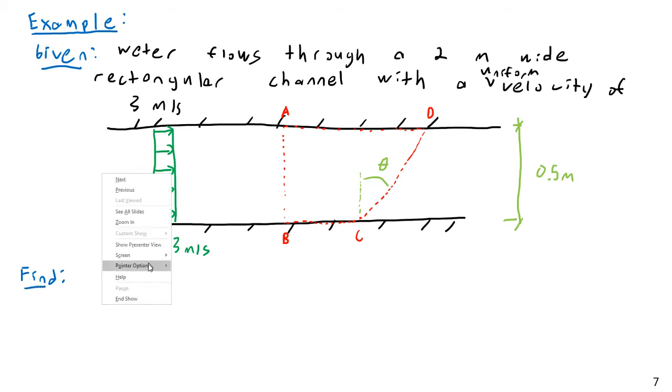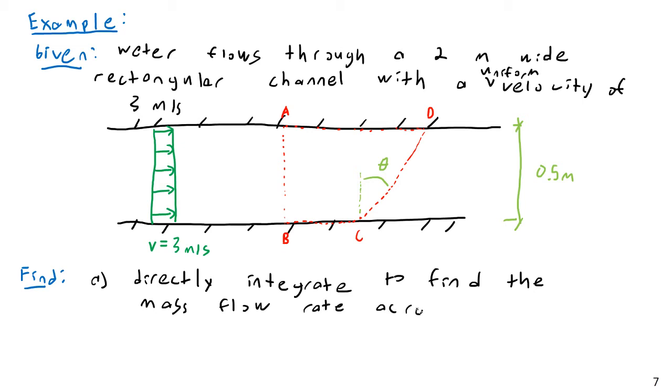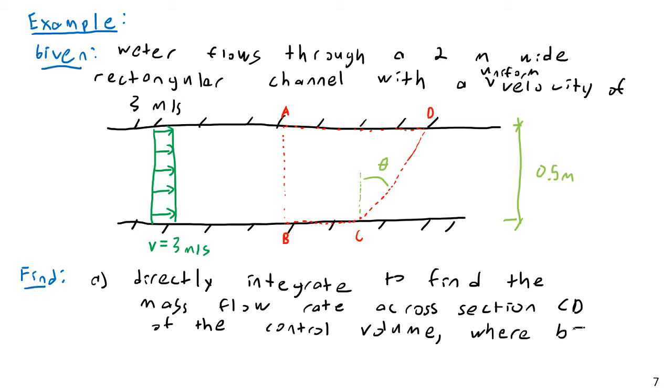Find: A. I want to directly integrate to find the mass flow rate across section CD of the control volume, where lowercase b is simply equal to 1.